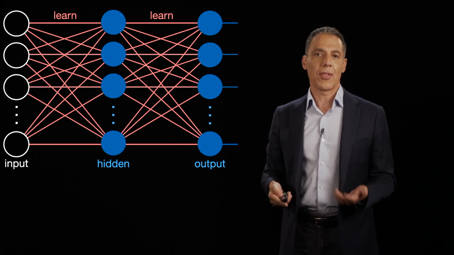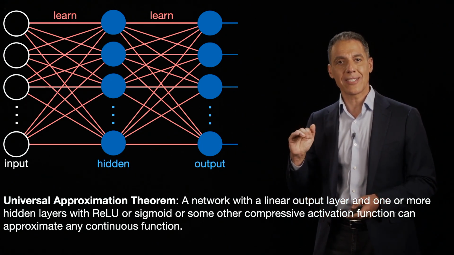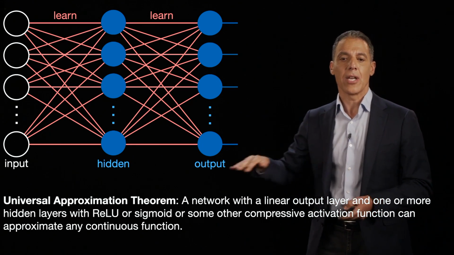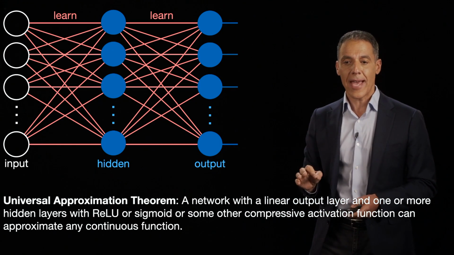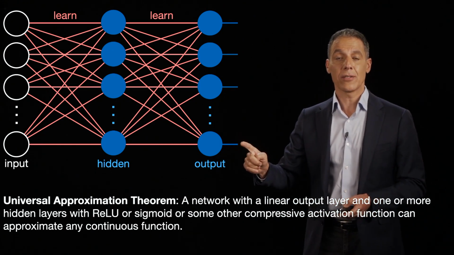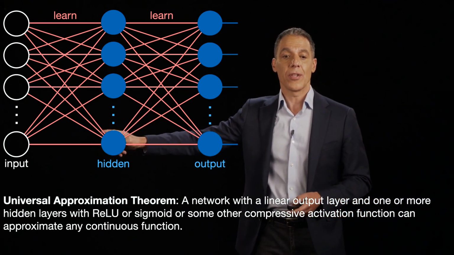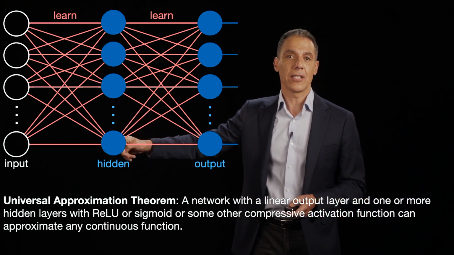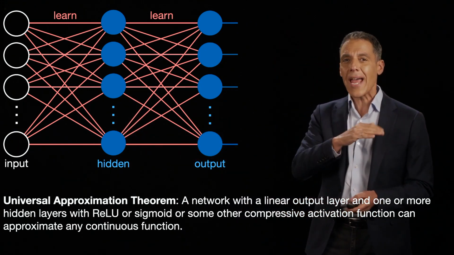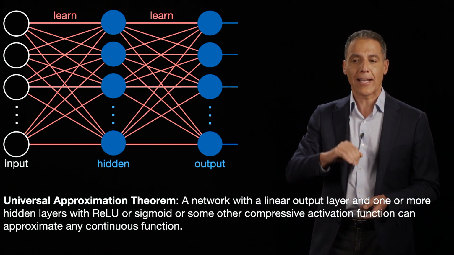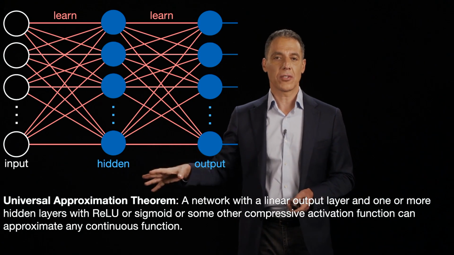Now here's the remarkable thing about a network: not just that empirically it seems to work, but we can say something theoretically about it from the universal approximation theorem, which says a network with a linear output layer, so there's no nonlinearity here, and one or more hidden layers with the rectified linear unit nonlinearity or a sigmoidal nonlinearity or any type of what's called compressive activation function can approximate any continuous function.